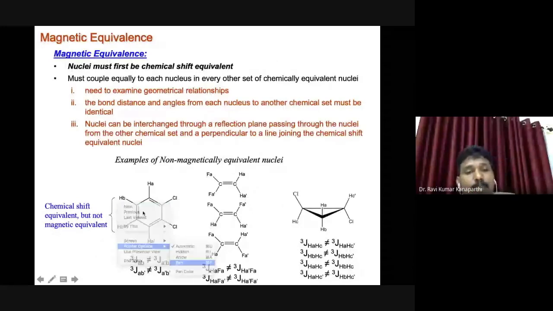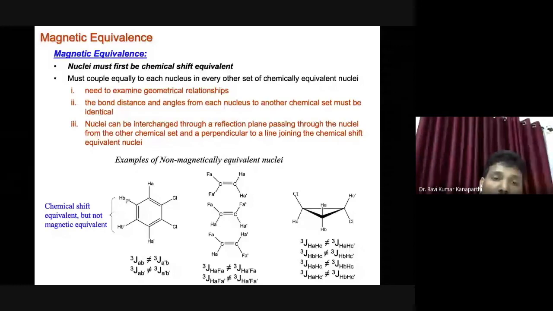These two are said to be magnetically equivalent when their coupling constant with the third one is the same. The coupling of this HB with this one is the same as the coupling of the other HB with this one. That's a mathematical representation I have given.